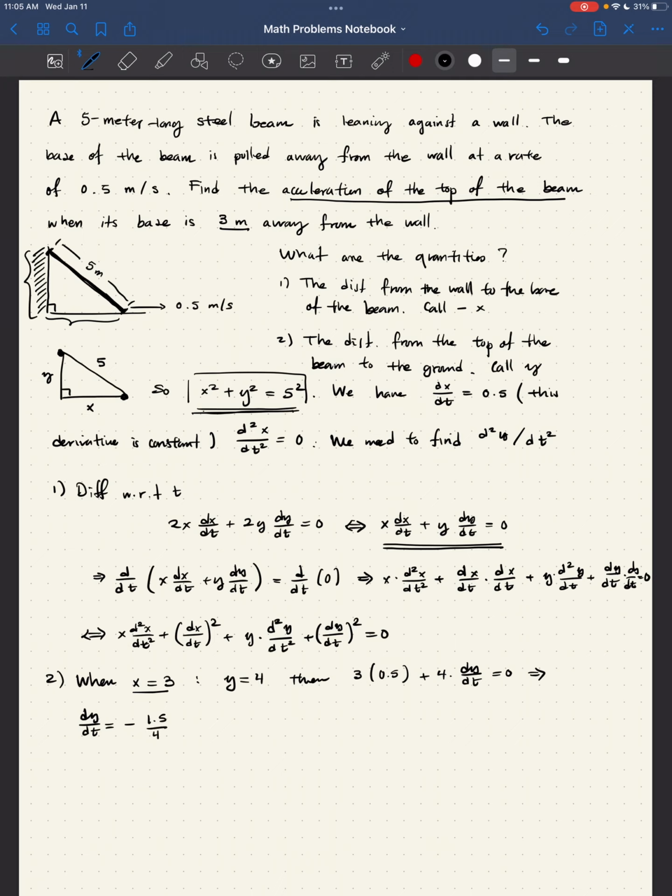Why am I doing this? Because all that information is going to be needed in order for us to obtain this piece of information.